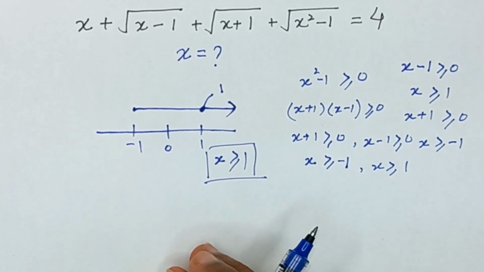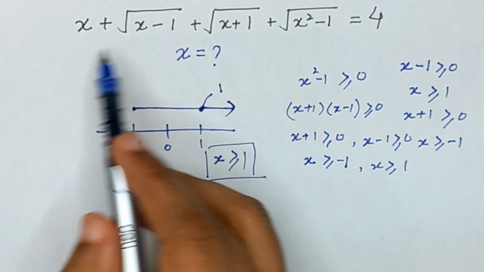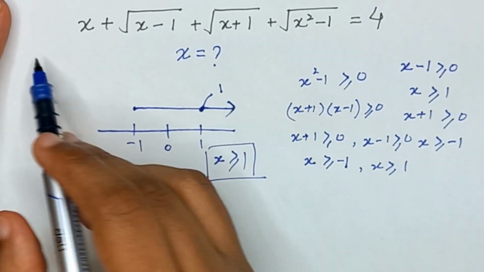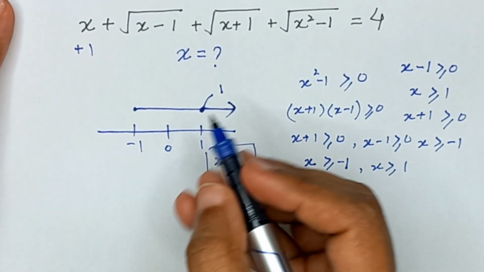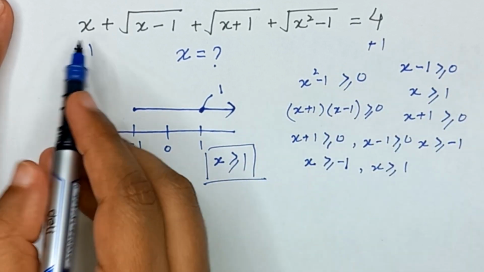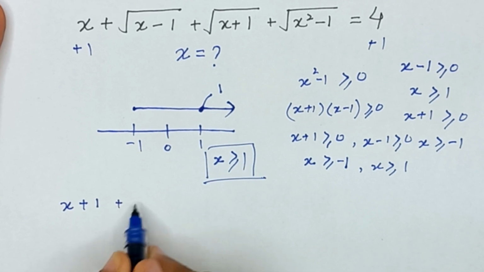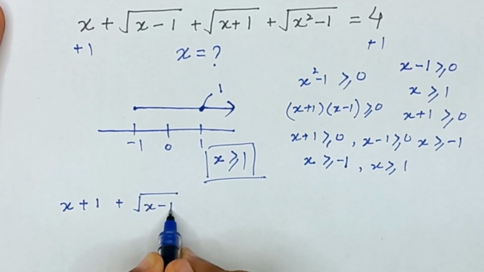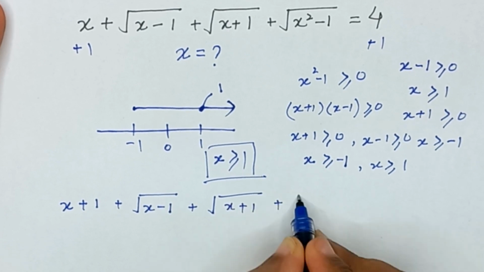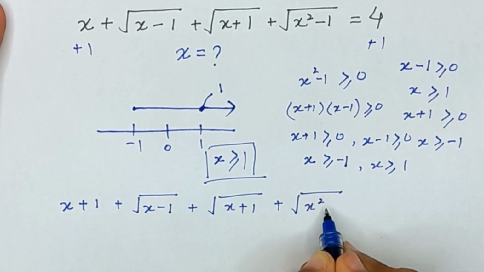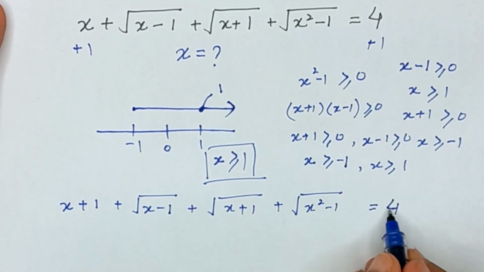Okay. So here we have this given equation, which is x plus square root of x minus 1 and this one. In the first step we will add 1 on both sides. So it will become x plus 1 plus square root of x minus 1 plus square root of x plus 1 plus square root of x square minus 1 is equal to 4 plus 1 is 5.